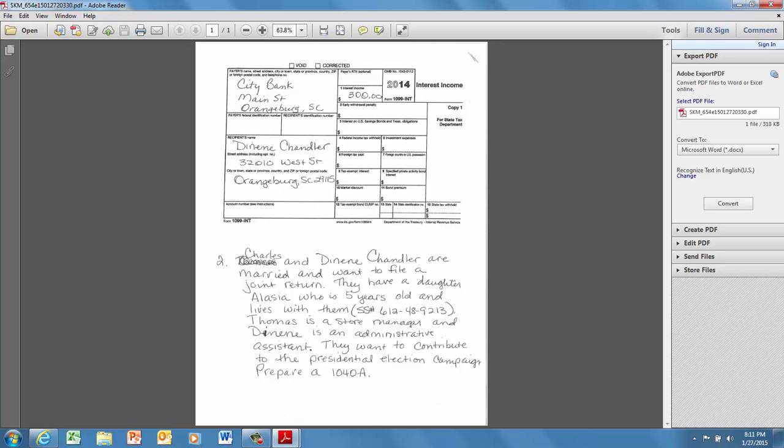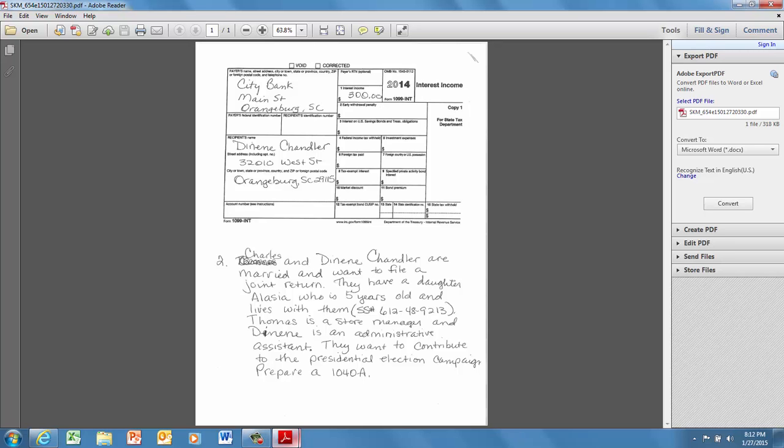They have a daughter who lives with them who's 5 years old, so if we go through the dependency rules, she is a qualifying child, and so they can use her as a dependent. They would be married filing joint with 3 exemptions: 2 personal exemptions for the 2 of them, and 1 dependency exemption for Alicia.